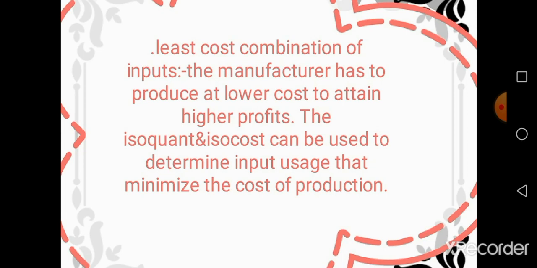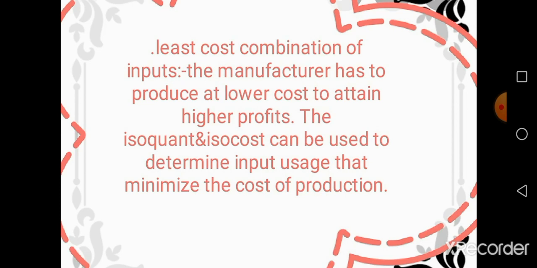So in this least cost combination, the manufacturer's main purpose is to produce the product at lower cost for gaining higher profits. For this purpose, the manufacturer uses the isoquant and isocost to determine the usage of input factors or combinations for minimizing the cost of production. That is called the least cost combination of input.